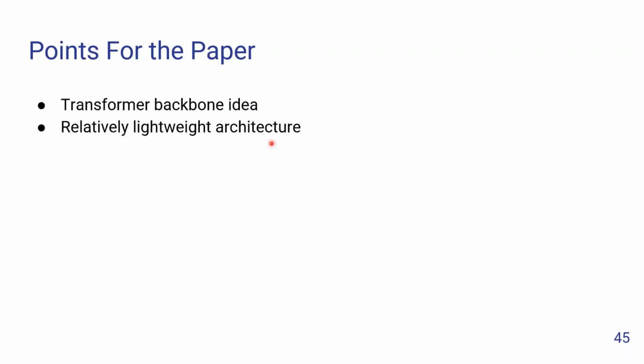Some points for the paper include that it introduced a novel transformer encoder backbone in the diffusion model architecture, which led to a relatively lightweight architecture, as the authors discussed that they trained the model on a single 2080 GPU, which is a big achievement.